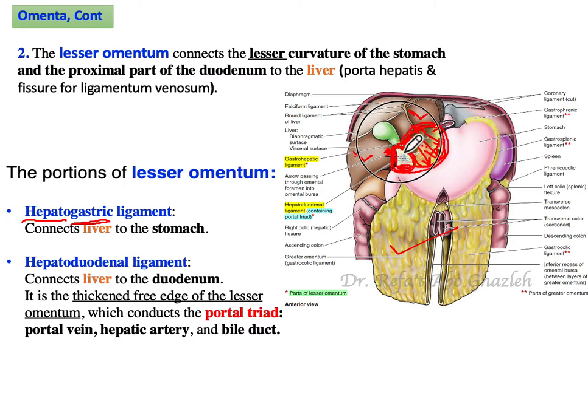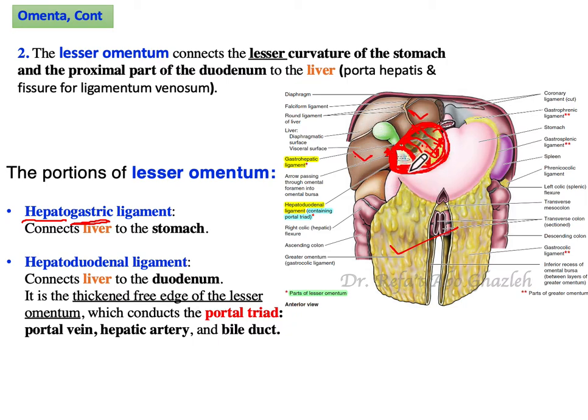All borders of the lesser omentum are attached either to the liver, the lesser curvature of the stomach, or the first part of the duodenum, but this part is free. This part of the ligament is free. So this is the free edge of the lesser omentum.